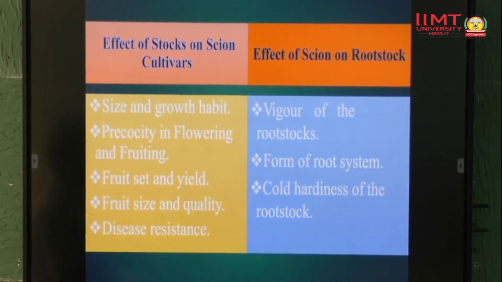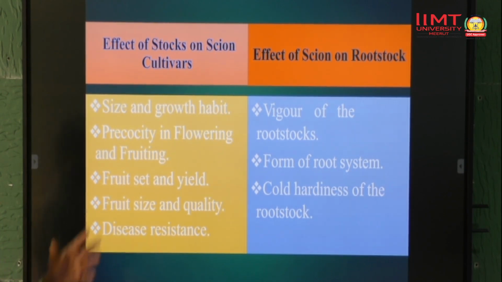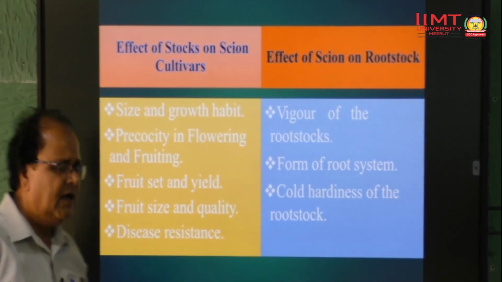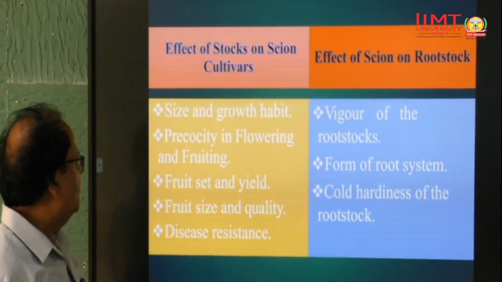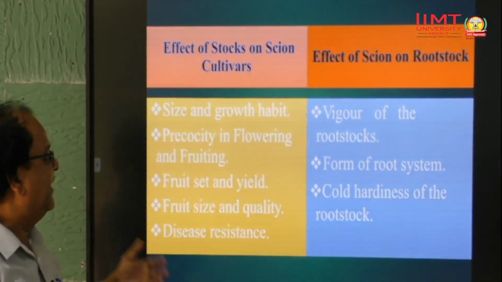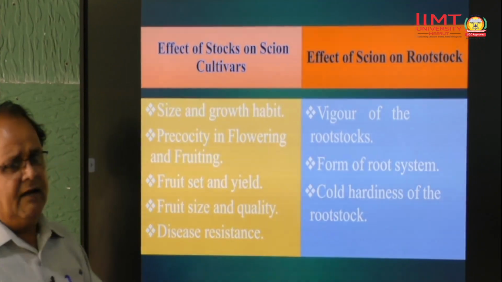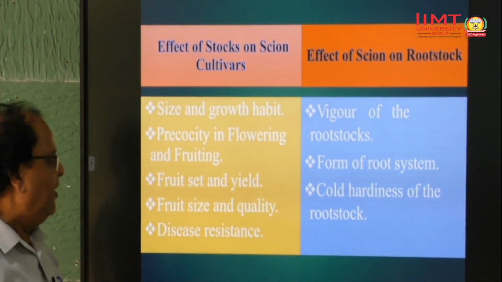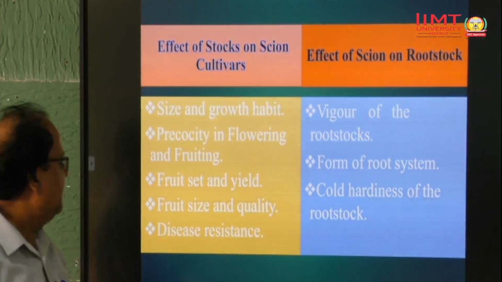If the rootstock and scion are compatible, there is proper flowering and high yield. If compatibility fails, it has bad effects on the scion, like yellowing of the leaves or the plants dying.